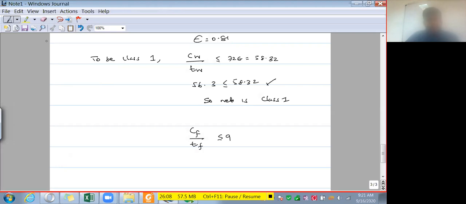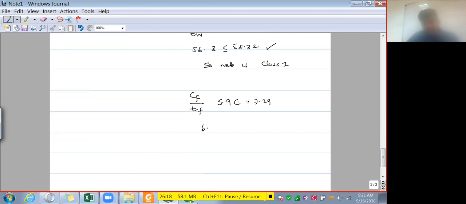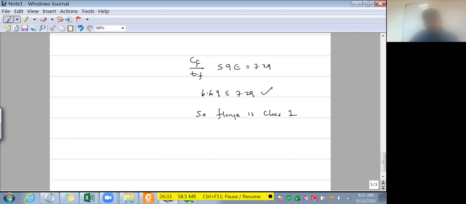Our CF over TF is 6.69. So 6.69 is less than or equal to 7.29, it satisfies. So the flange is class 1. Therefore, the overall section is class 1.